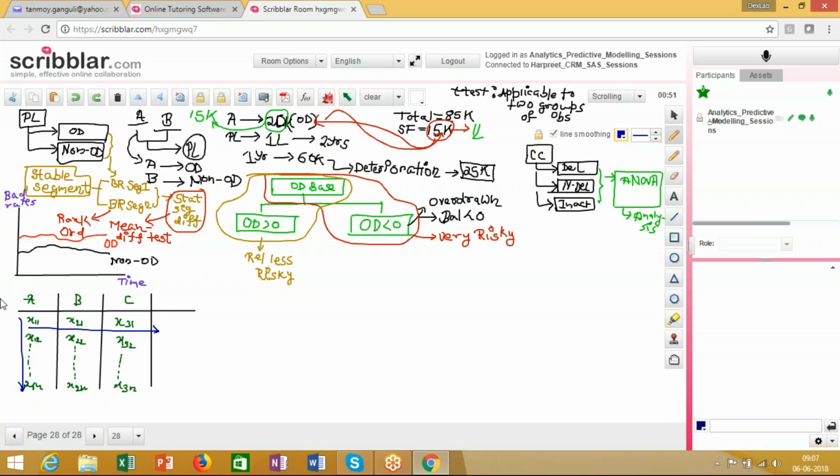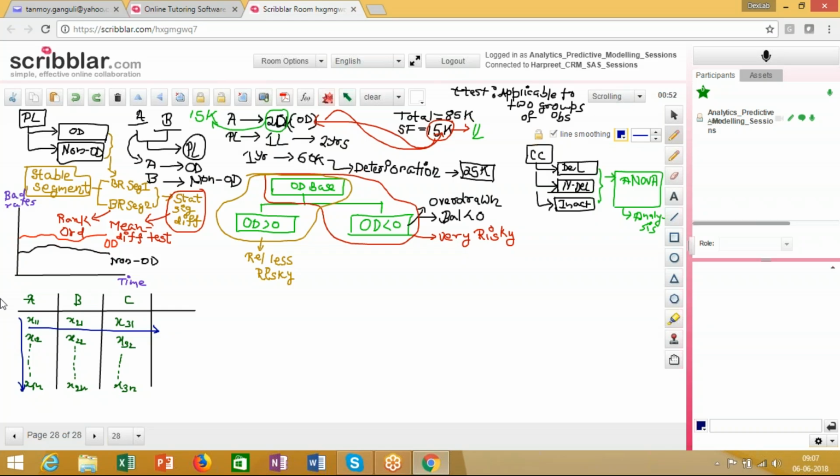So a very prominent variation across the groups and an insignificant variation within the groups will tell us that the averages of the variables change as you move from one group to another. And then we can conclude that the means across the groups are very different.